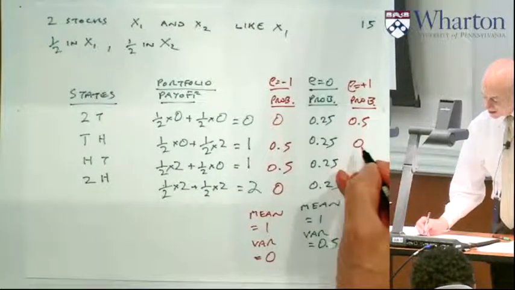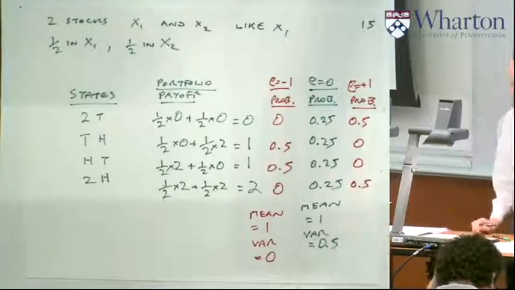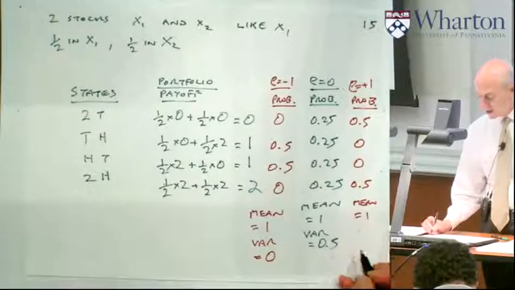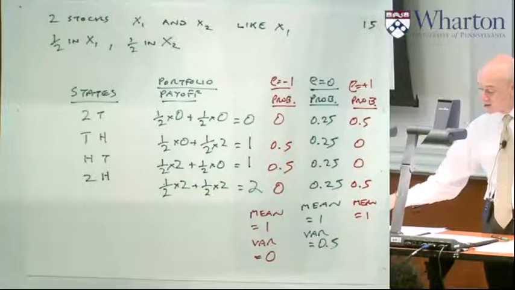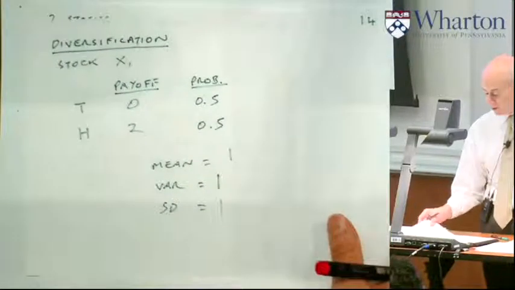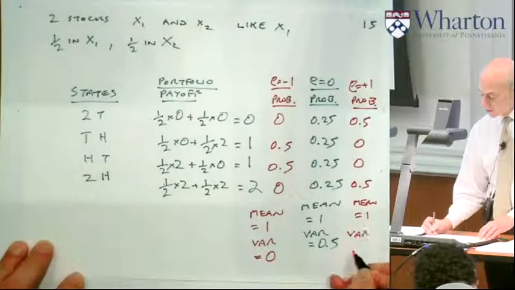Then we've got 0, 0, and 0.5. The mean, again, if you check it, is 1. What's the variance? It's just like our previous example. We basically see one coin, one stock. So the variance is 1.